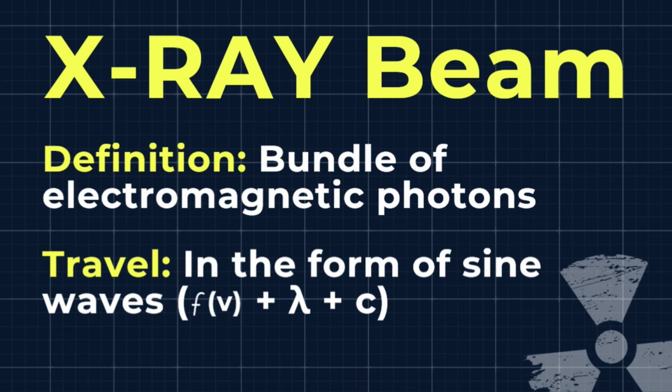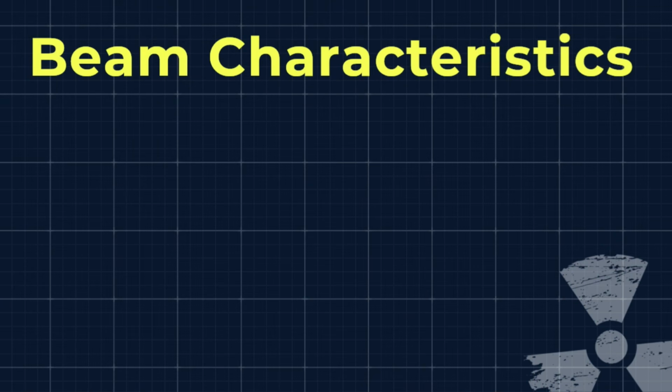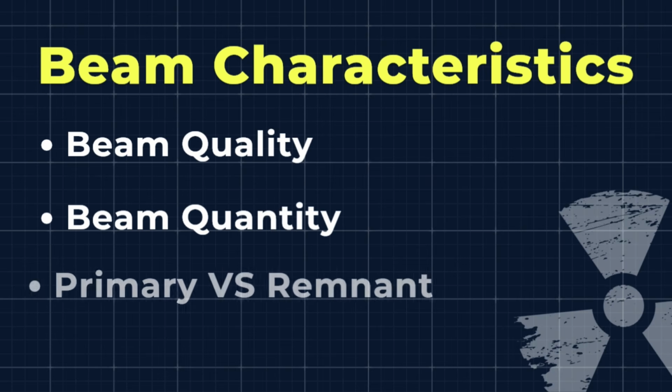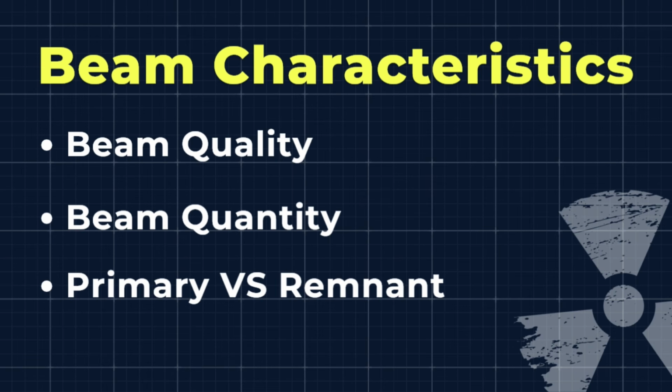We said they travel in sine waves, which are measured using three parameters: frequency in hertz, wavelengths in angstroms or nanometers, and velocity, which we said is always constant at the rate X-rays travel, which is the speed of light. The third thing we need to understand are the different characteristics that make up the X-ray beam. These include beam quality, beam quantity, and the difference between the primary beam and the remnant beam.